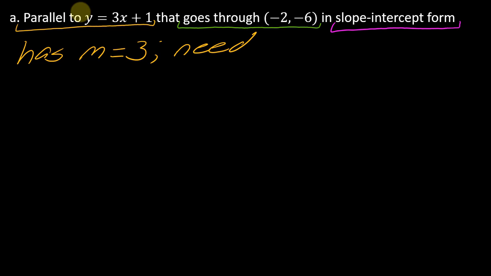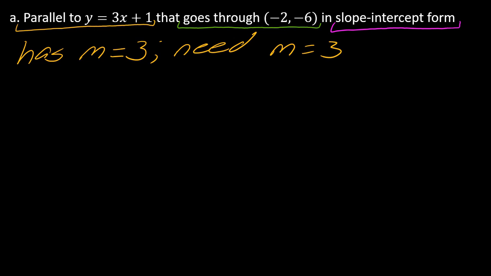So here's the slope that I have. If I want to get a line that's parallel to this, then that means I need the same slope. So this is the slope that I have, and in this context, that's also the slope that I need. Take a second to actually think about this. Really the whole point of this first part is just figuring out what slope you need. We figured that out, so we're good to go.